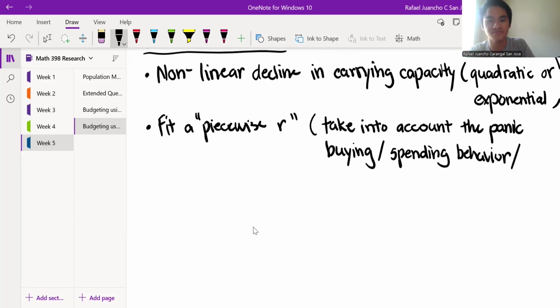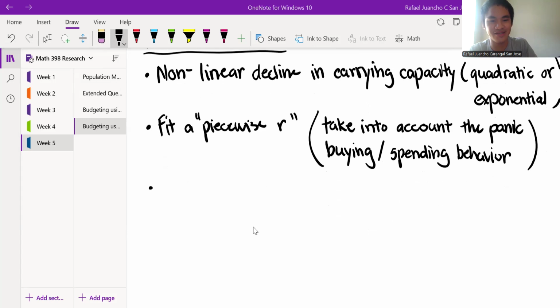Spending behavior, right? So instead of it being a fixed R for everything, right? That's also another thing.